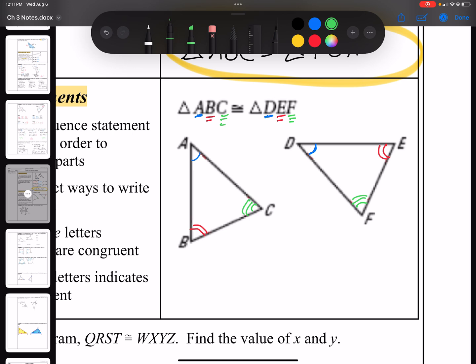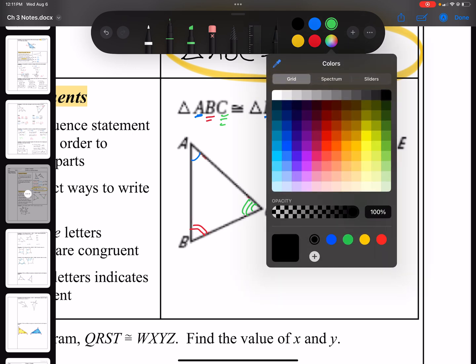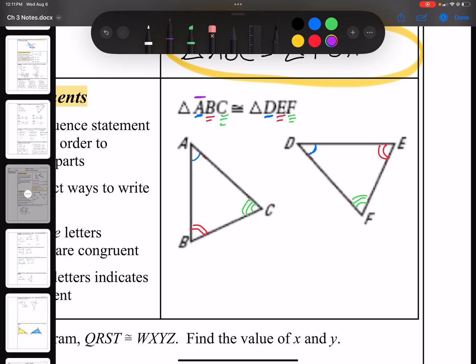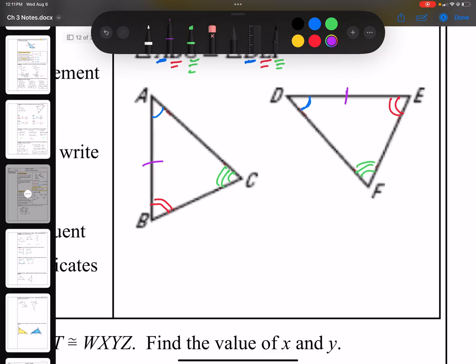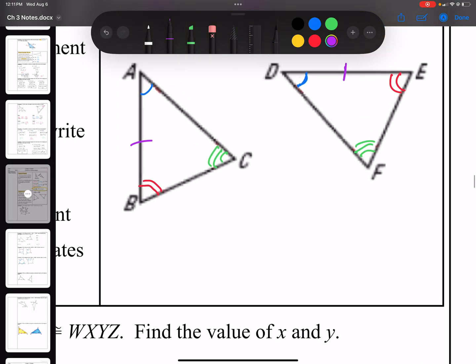Now pairs. The first 2 letters here, AB, are going to equal the first 2 letters here, DE. So AB is going to be congruent to DE. And notice, let's say you didn't have that congruent statement. Look at this. This side is connecting the 1 arc and 2 arcs. That's another way you can figure out what sides should be equal.